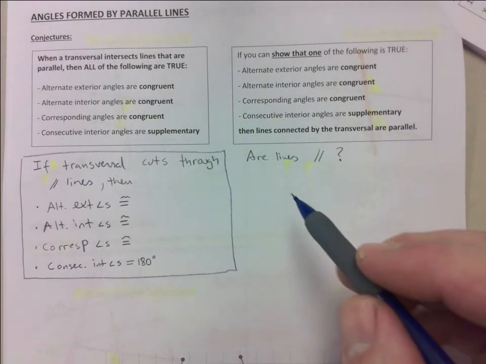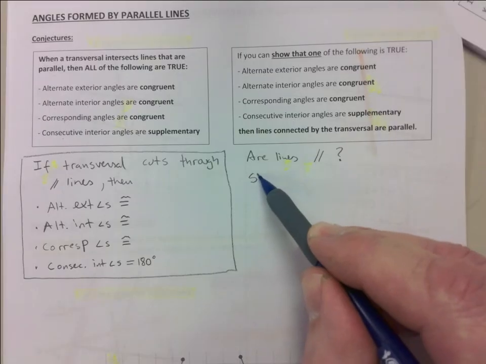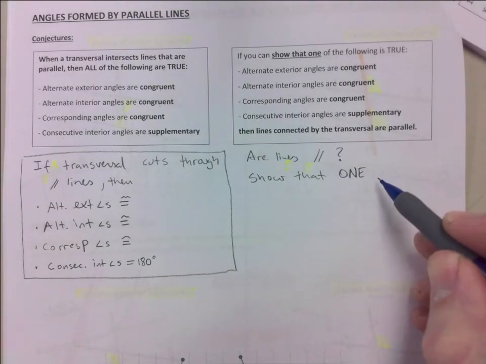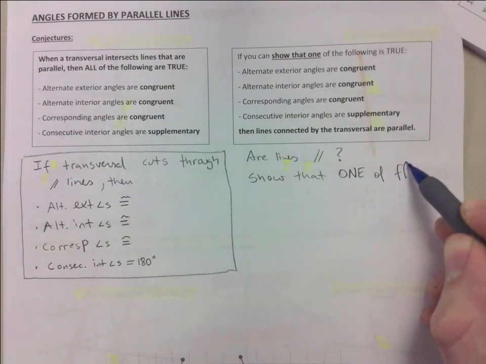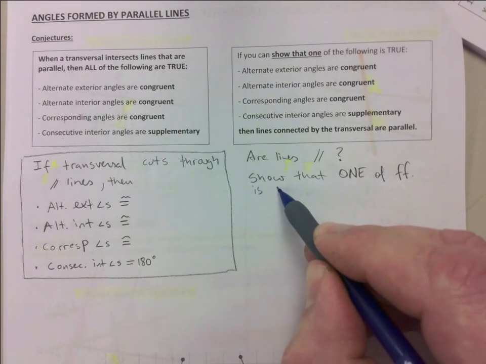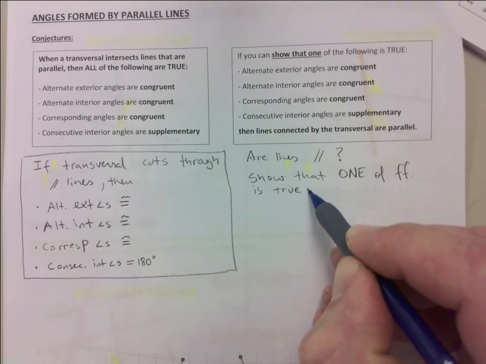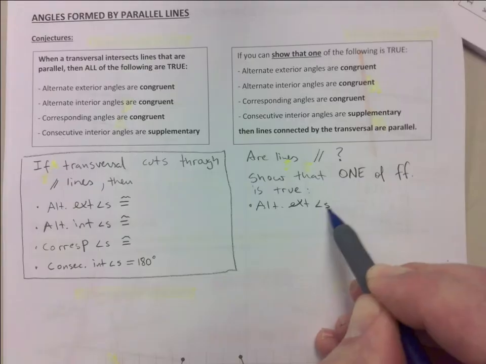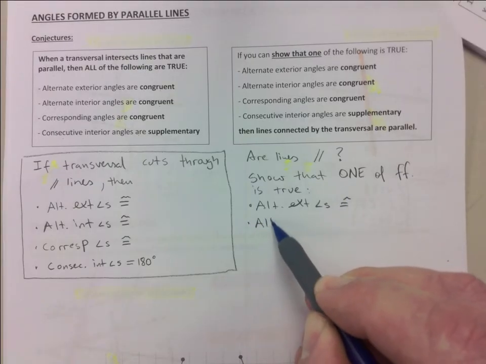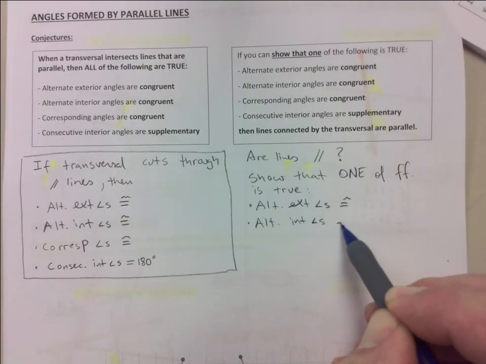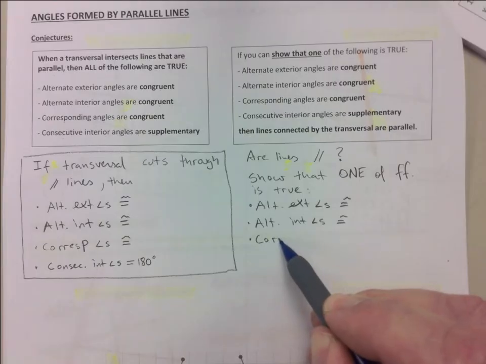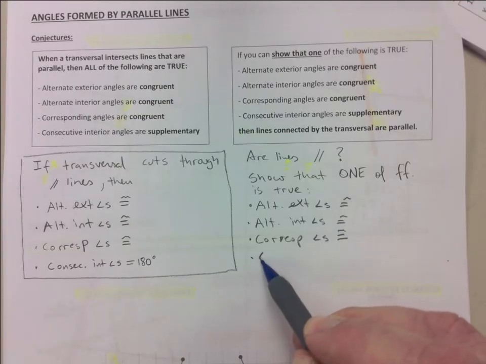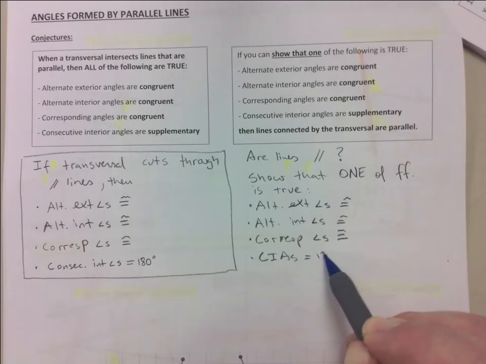If you need to show this, show that one of the following is true: alternate exterior angles are congruent, alternate interior angles are congruent, corresponding angles are congruent, CIAs are equal to 180 degrees.